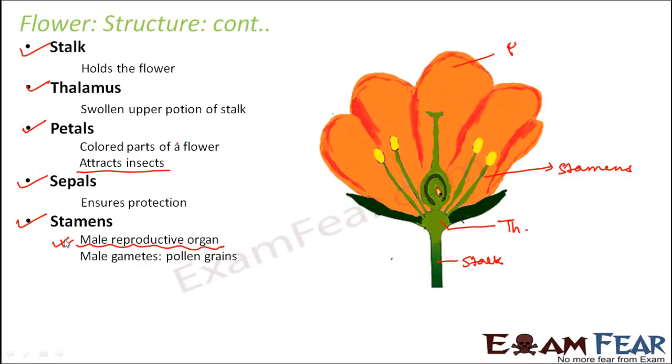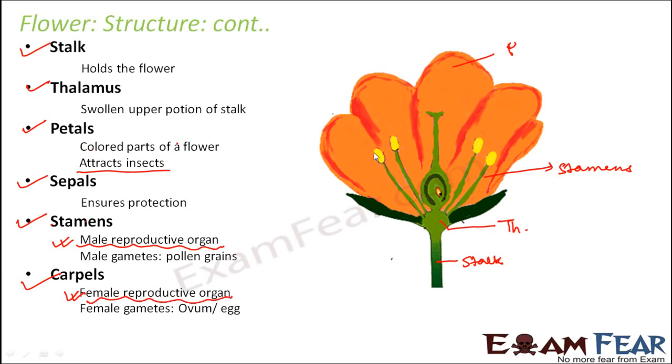Whenever I talk of sexual reproduction, we mean fusion of male and female gametes, right? The male gametes, or male sex cells, are the pollen grains present in the stamens. Similarly, the female reproductive organ is the carpel, and it contains the female sex cells or female gametes called ovum.